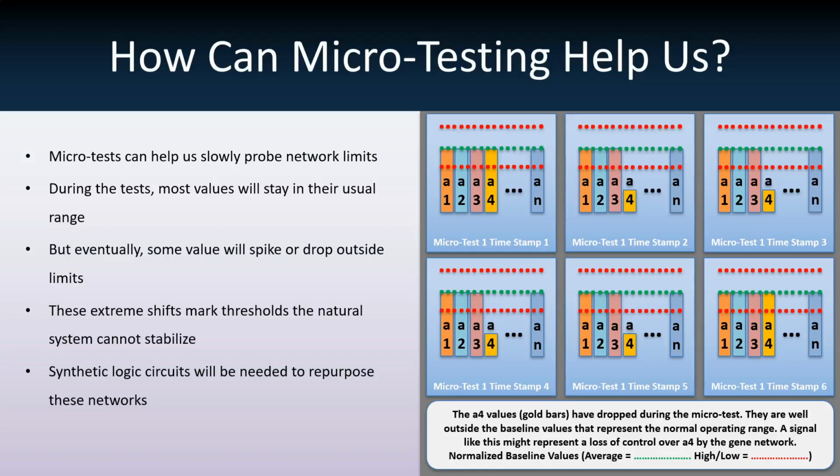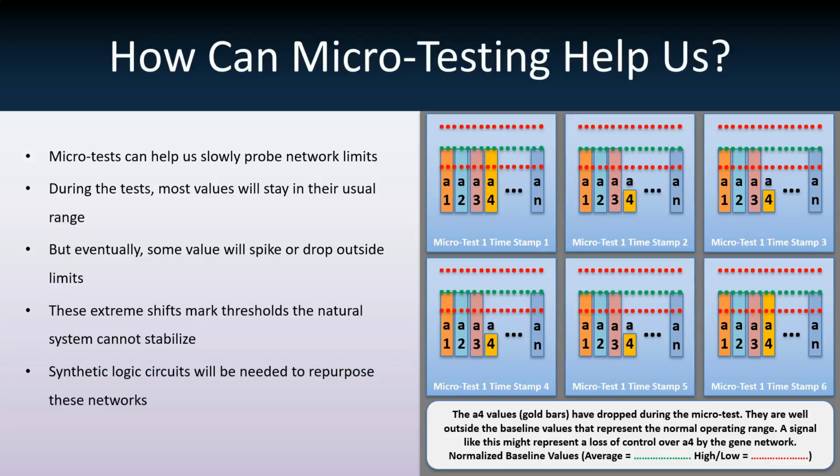So when we nudge a single controller, most values drift normally within their usual range, but some don't. Every so often, a signal collapses or spikes and stays there, pushed outside the limits the natural control system can handle. These extreme shifts matter. They mark the places where the network hits a threshold it can't stabilize on its own.